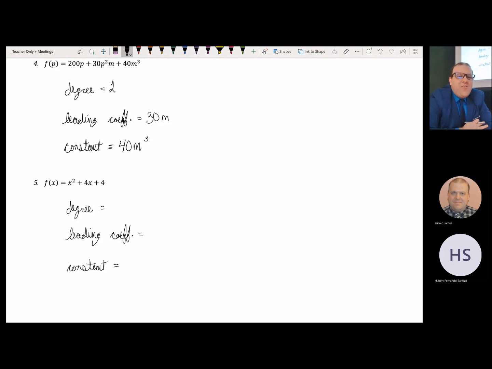Degree. 2. Leading coefficient. And then the constant.